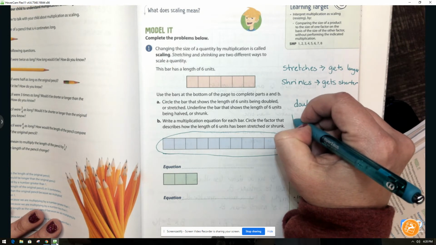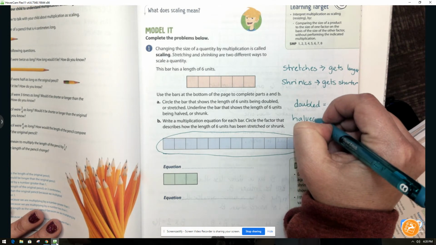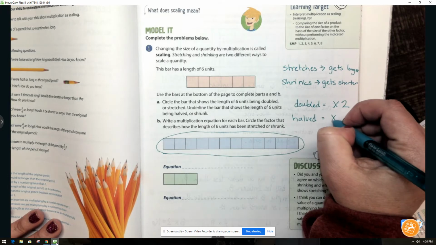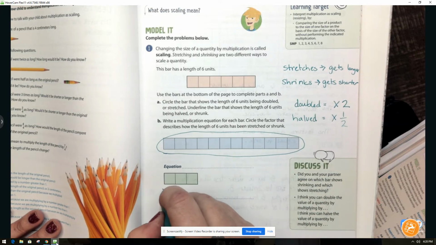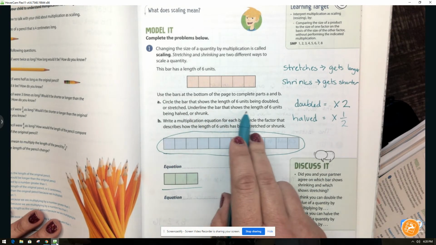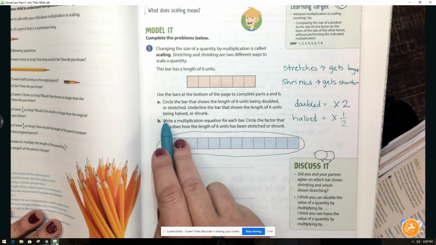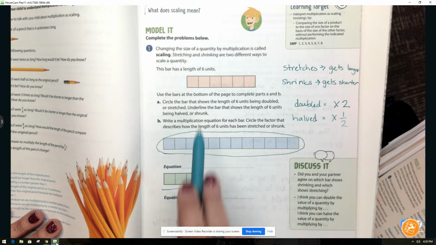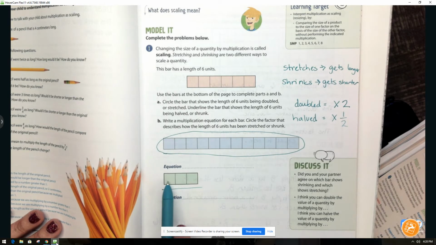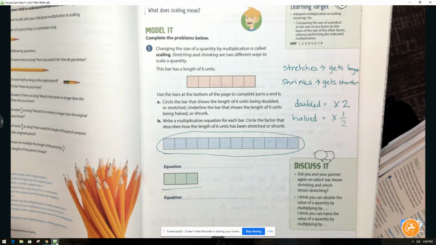When something is halved, that means it's times a half. So I'm going to underline this second picture because I'm underlining the bar that shows the length of 6 units being halved or shrunk. Half of 6 units is 3 units. Therefore, I'm underlining this 3 units.